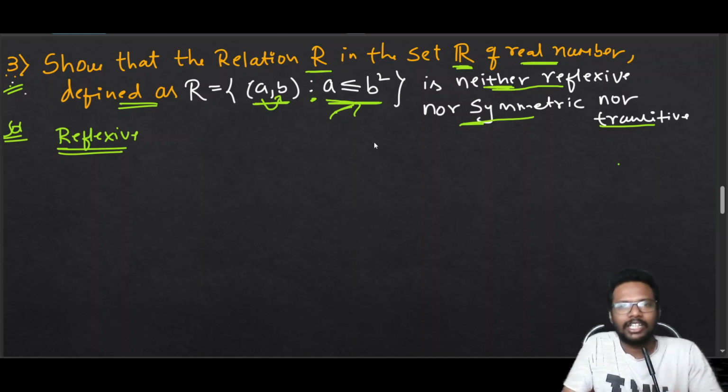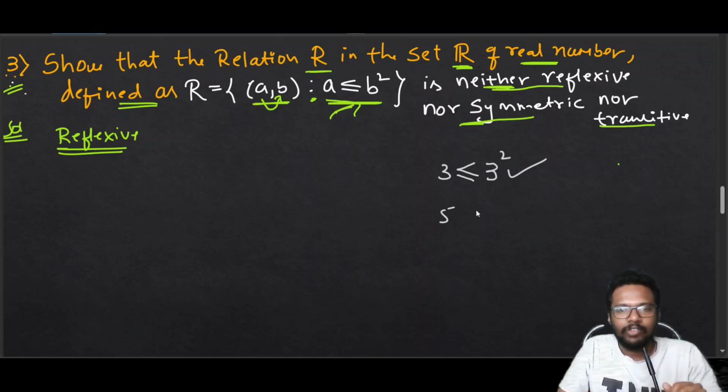If I consider 3 and substitute in this relation, 3 is less than or equal to 3 squared, obviously it is satisfying. If I consider 5, 5 is less than or equal to 5 squared, obviously satisfying. 5 squared is greater than 5, 3 squared is greater than 3.